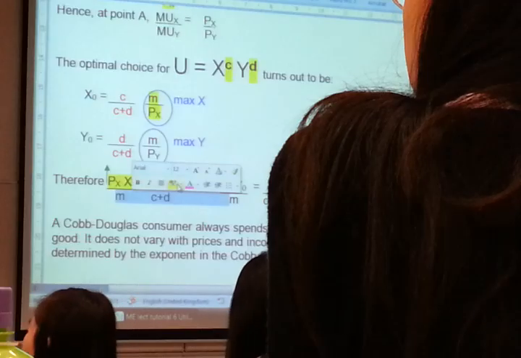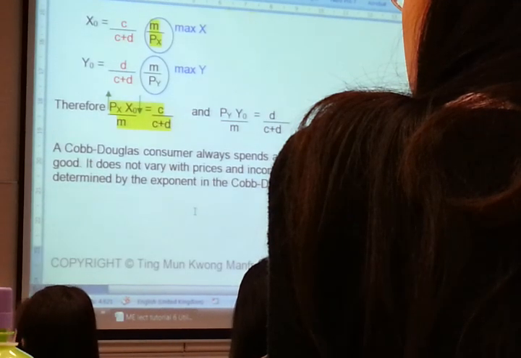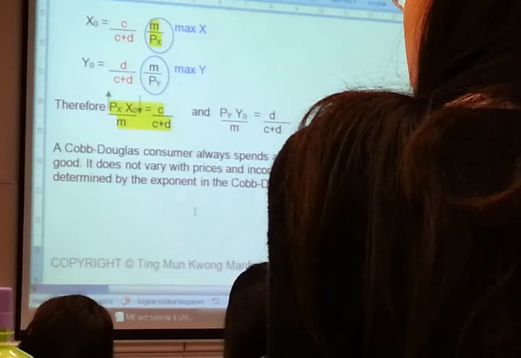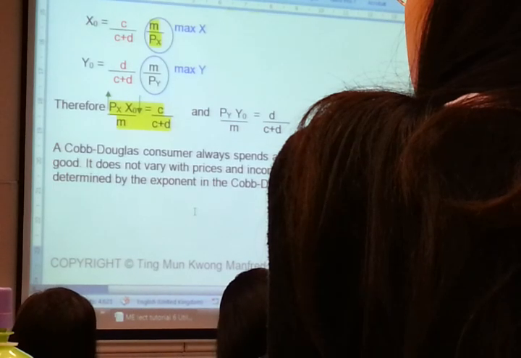Can you see why? You see? This ball, if you bring to this side, it becomes this. This ball, you bring over to this side, you get this.